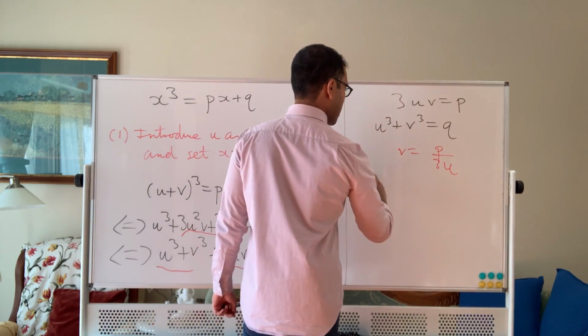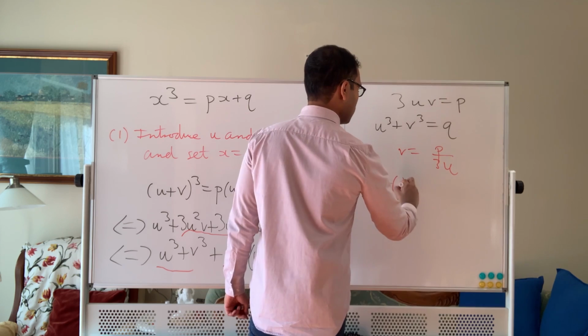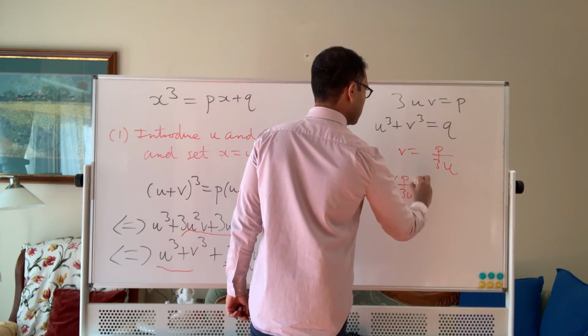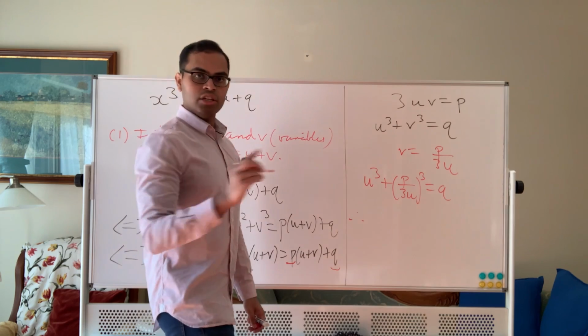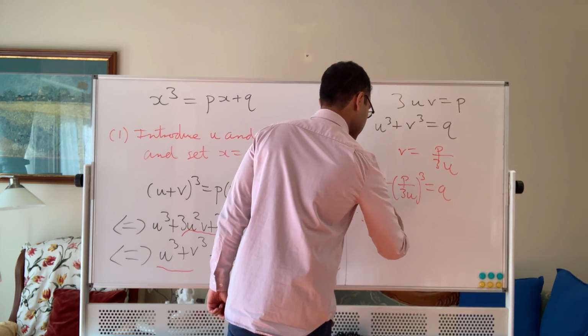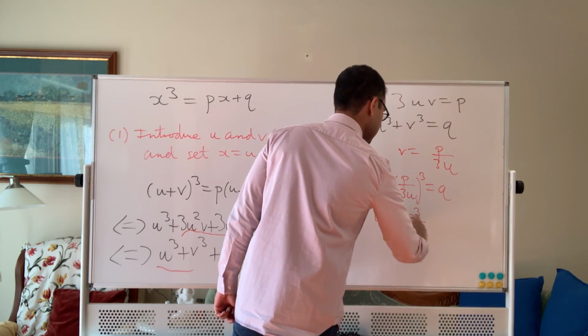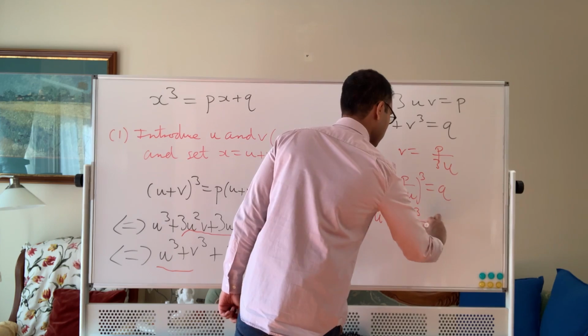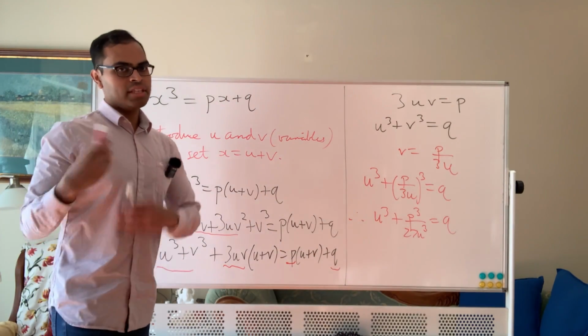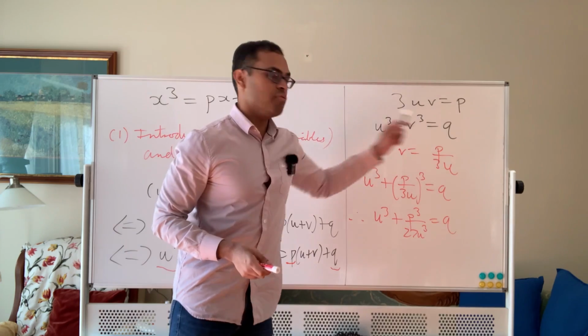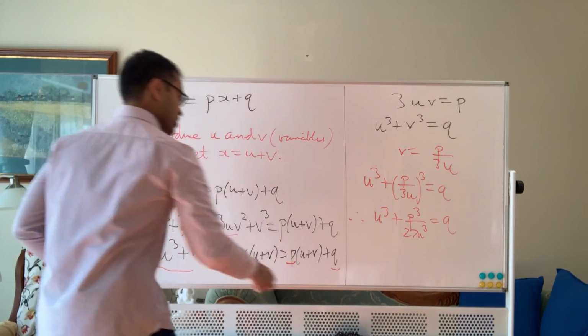So that becomes u cubed plus (p over 3u) cubed is equal to q. Therefore, u cubed plus p cubed over 27u cubed is equal to q. That's going to be our equation. We want to solve for u, and then we can figure out v by p over 3u.